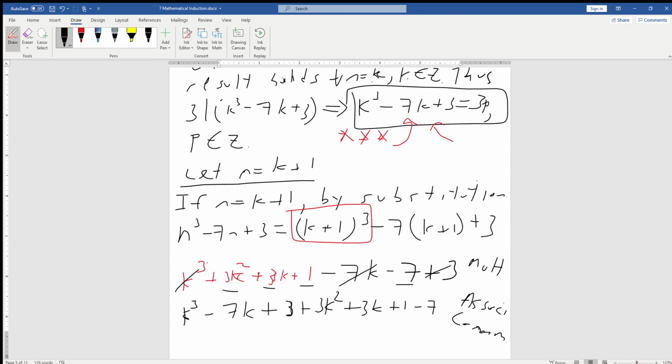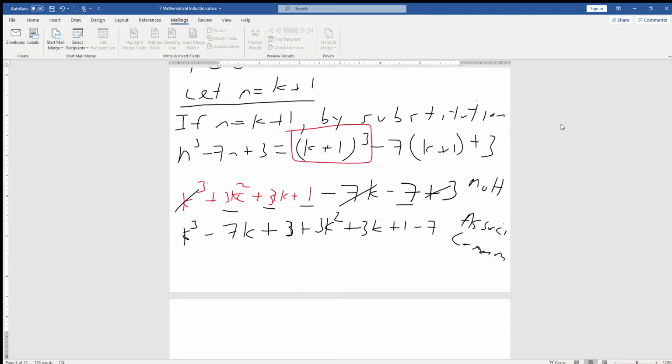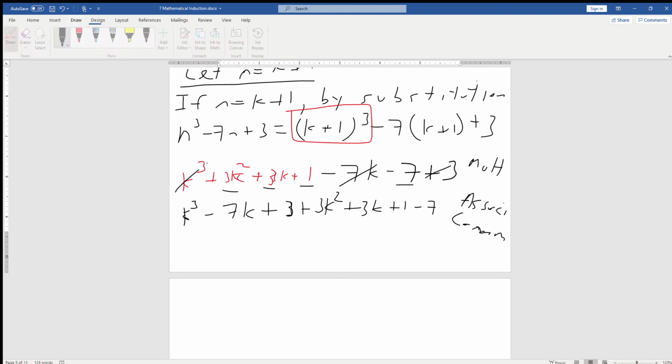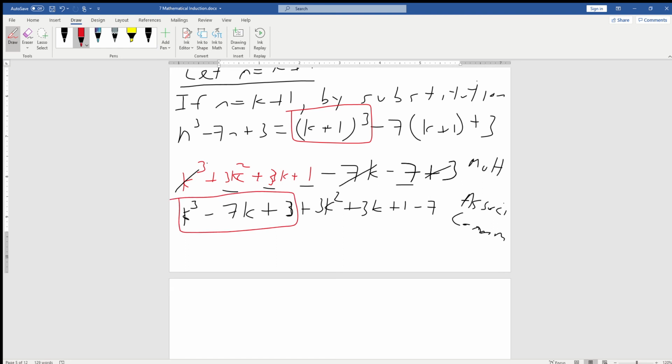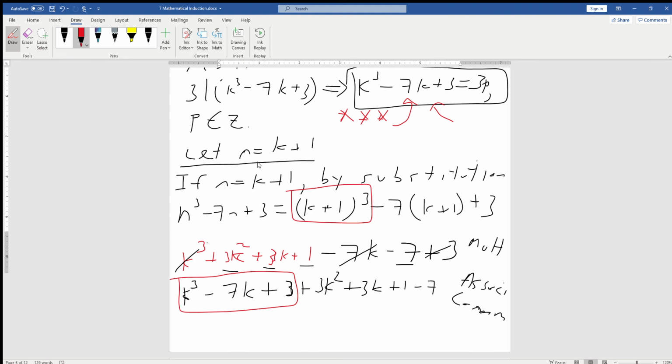Now I want you to notice that we've set this up extremely nicely, because at this point we can just utilize our inductive hypothesis on those three terms, the k cubed minus 7k plus 3. So notice up here that I boxed in red and put the 3 asterisks around. We're just going to use induction, and replace that with 3p now.